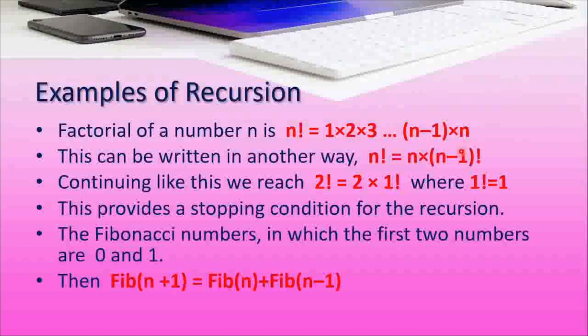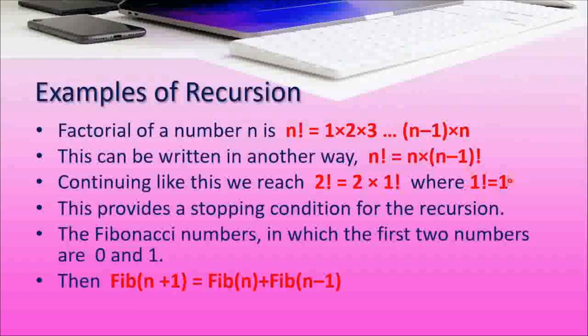And n minus 1 factorial can be written as n minus 1 into n minus 2 factorial, like that it goes on. So continuing like this, we reach somewhere like 2 factorial equal to 2 into 1 factorial, and 1 factorial is 1 itself.